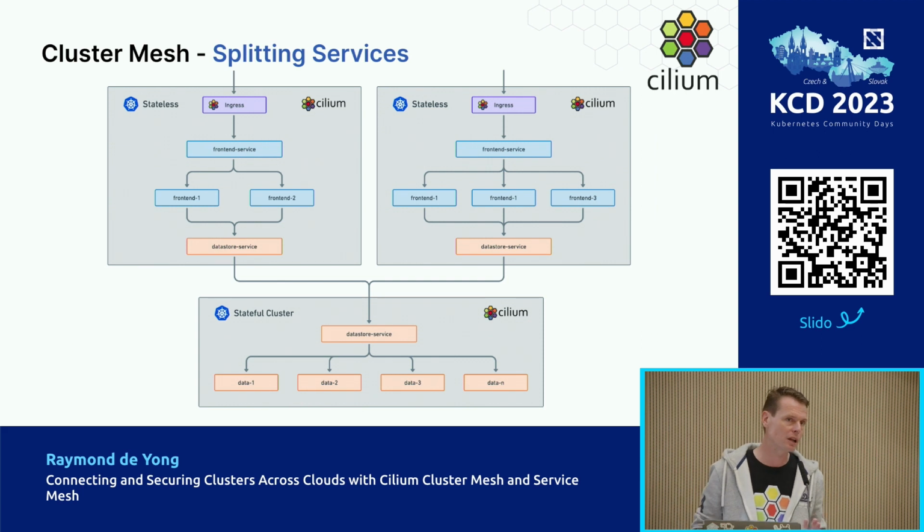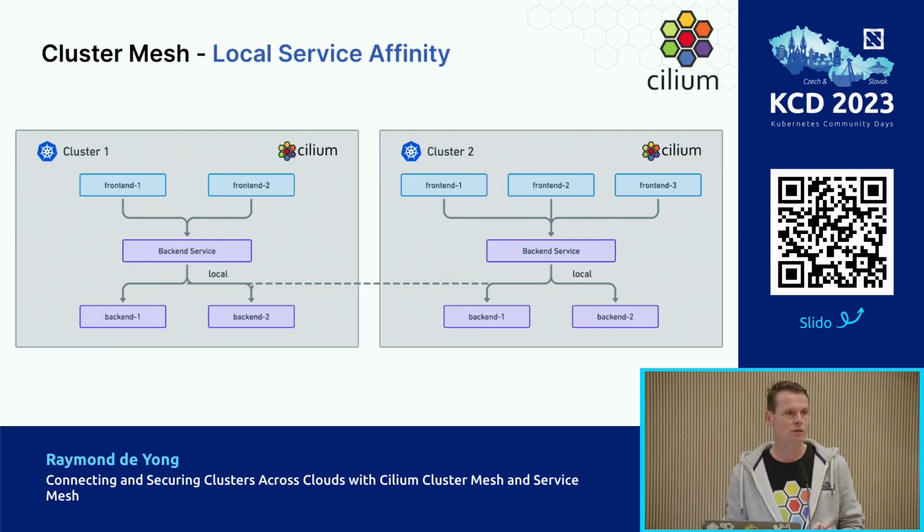A bit similar, but obviously a different concept, is that of splitting services. This is, for example, useful in telco, where you have smaller edge clusters. They don't have data stores to store all the metrics from their subscribers. So you can then expose a data store service to a centralized data store service running on a centralized cluster, and Cilium will learn how to forward traffic.